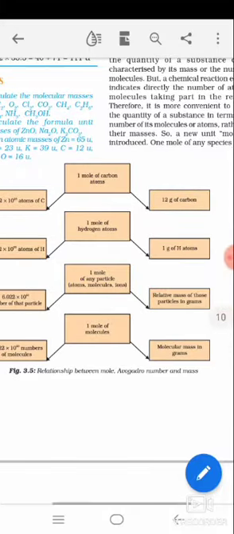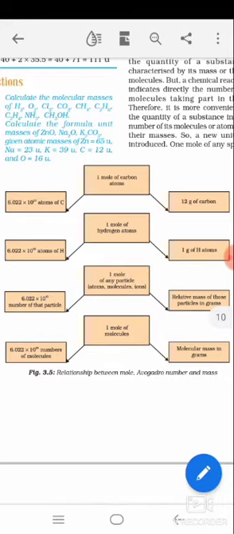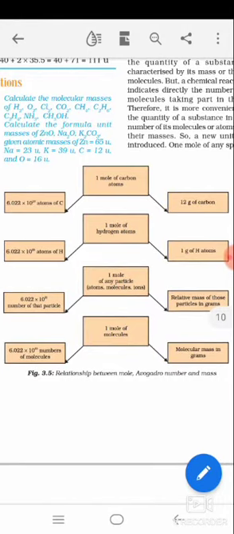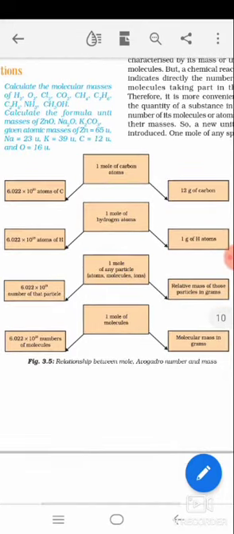But please note that 1 mole of carbon atoms has 6.022 × 10^23 carbon atoms, but the mass of carbon is 12 gram. 1 mole of hydrogen atoms has 6.022 × 10^23 atoms of hydrogen, but the mass of hydrogen is 1 gram.